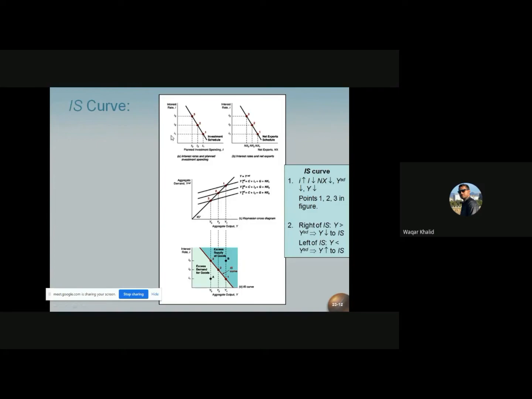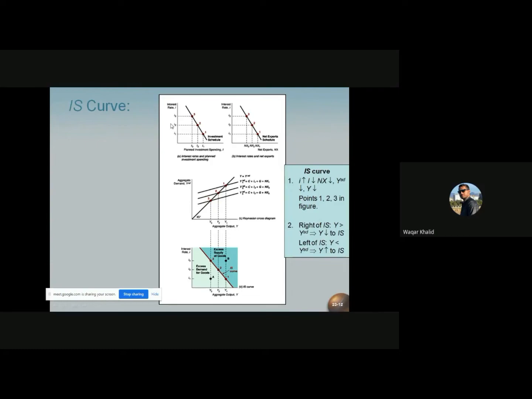But when the interest rate increases from I1 to I2, it negatively affected the planned investment expenditures and net exports. It means that now we have a new equilibrium output level. That's why we are moving from point 1 to point 2, and now we have a new output level which is Y2.